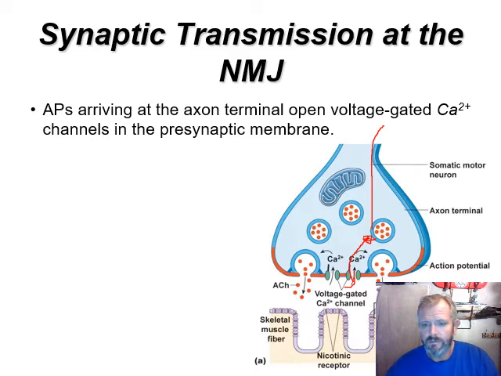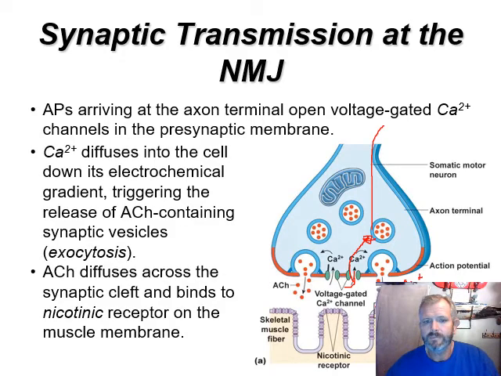Now we get the neurotransmitter bound to our nicotinic receptors, and say our sodium is out here. All right, our sodium now can rush in, and we're going to get depolarization of the muscle fiber here. We're going to get enough depolarization to reach threshold. Remember, we're going to do an action potential, so we have voltage-gated sodium channels that get cued from the depolarization caused by the motor neuron talking here.